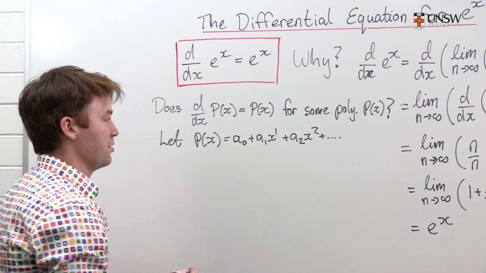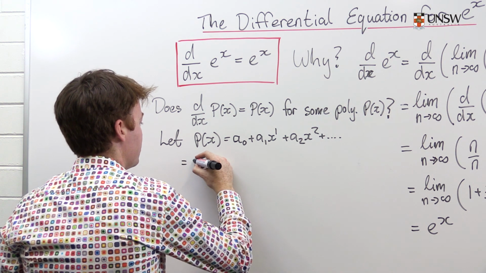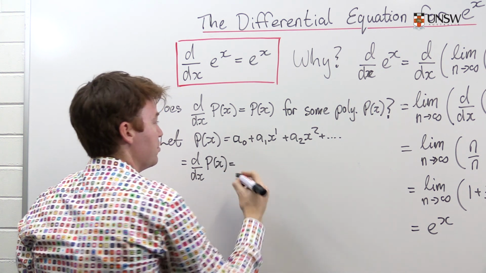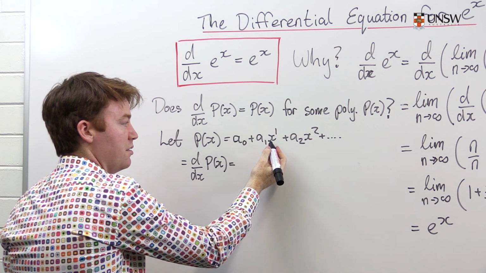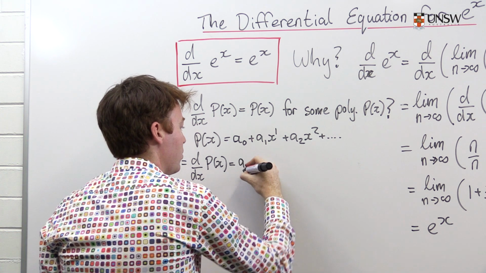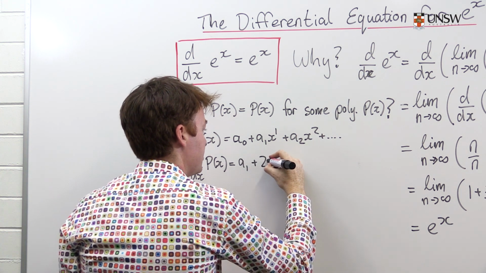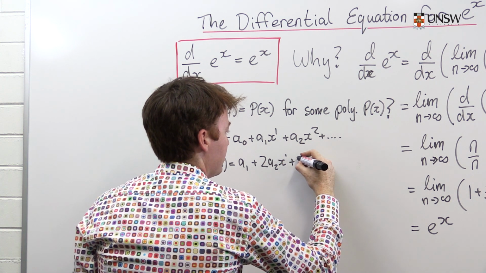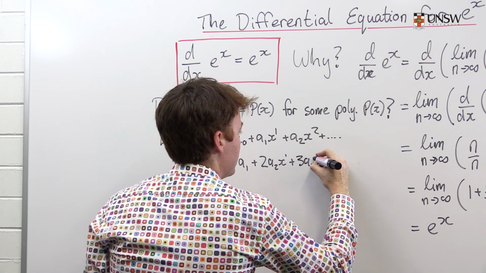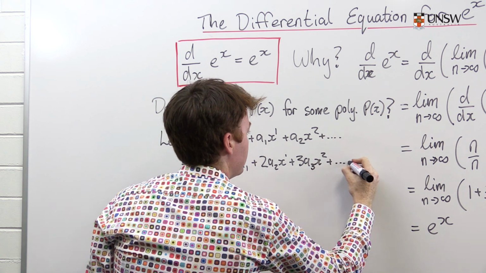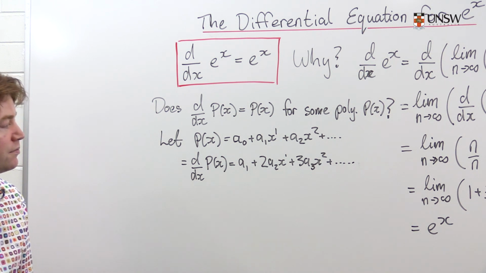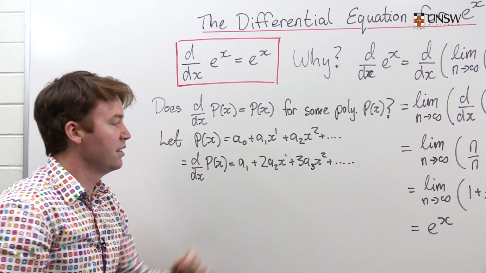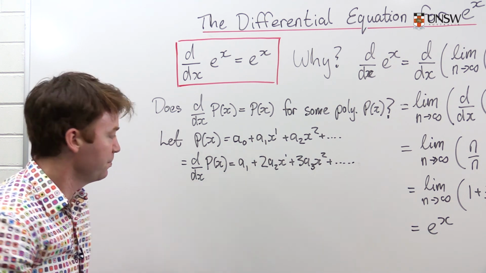Well, if this differential equation is satisfied, then this is equal to d dx of p of x, which is equal to, well, the derivative of this becomes a1 plus 2 a2 x plus 3 a3 x squared plus so on. All these coefficients shifted to the left and they picked up the power of x they were next to.